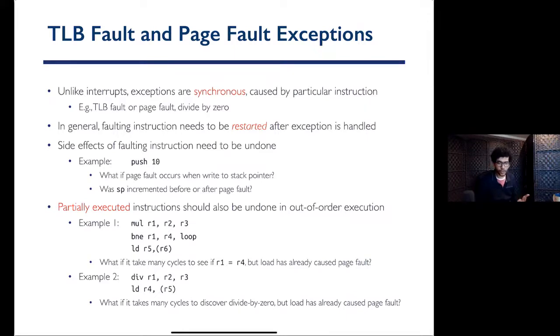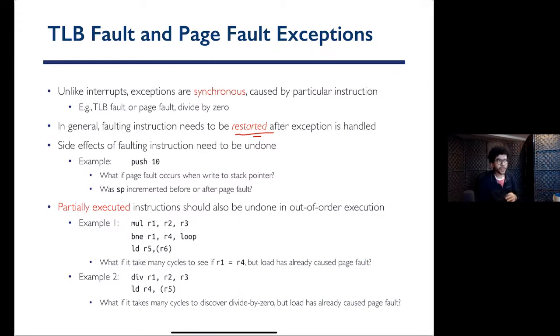Now, when you want to continue, where should you start continuing? Usually we want to restart the same instruction that caused the exception. So if I accessed a page that was swapped to disk, now that I brought back the page and now that I have a valid translation, I want to execute that same instruction. So this is fine.